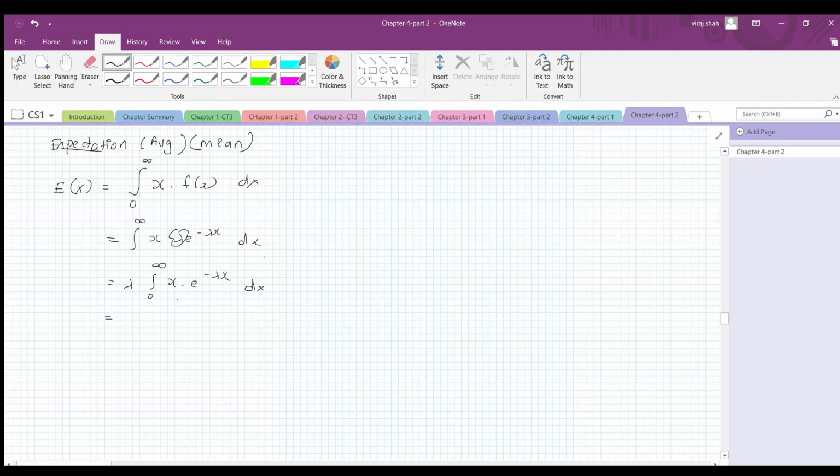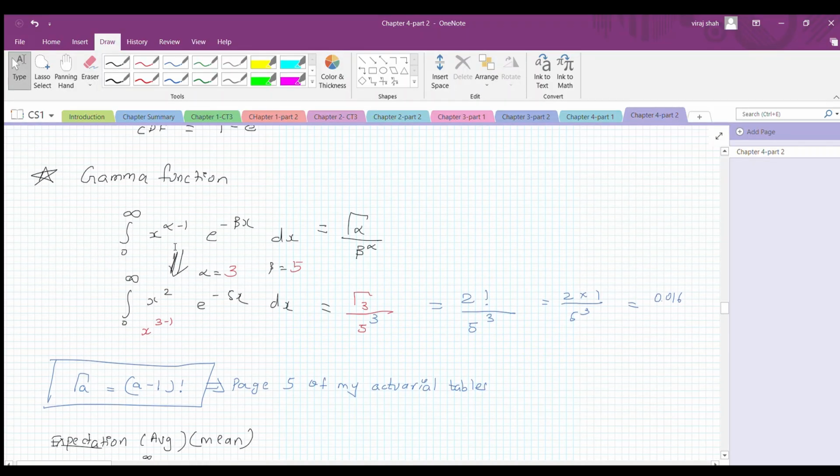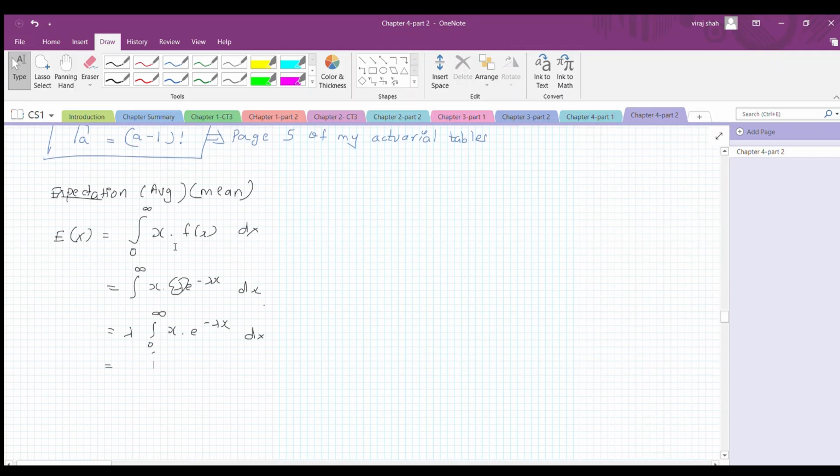How do I solve this part? I just did it before, right? I can write this as nothing but my gamma function. So I can write this as x raised to 2 minus 1 e raised to minus lambda x dx.